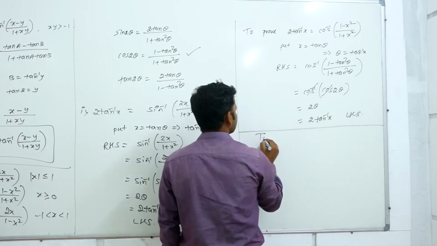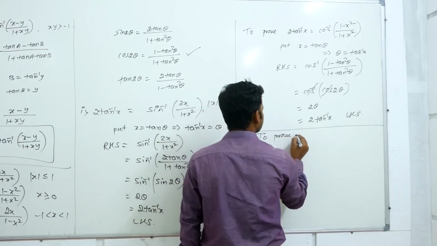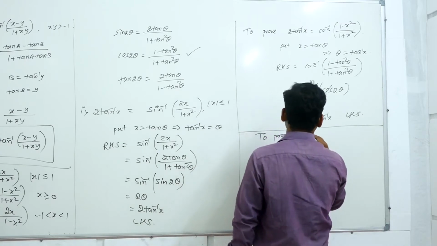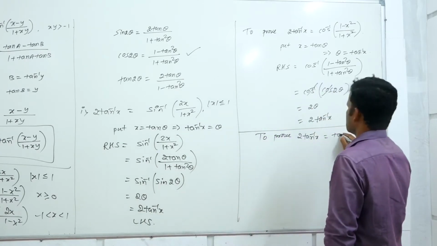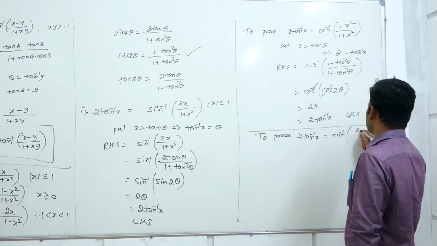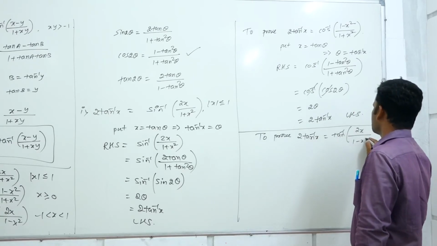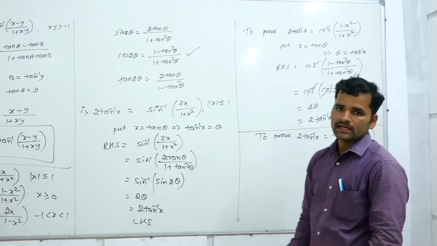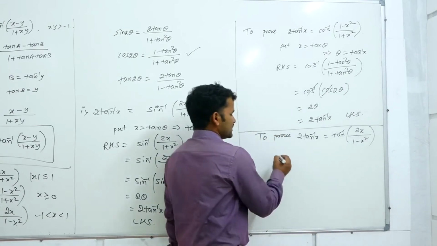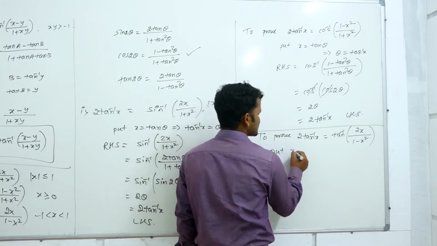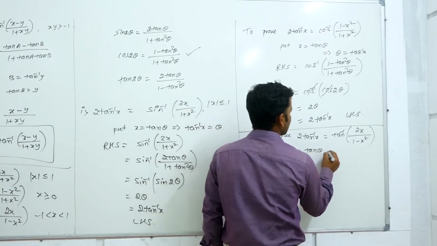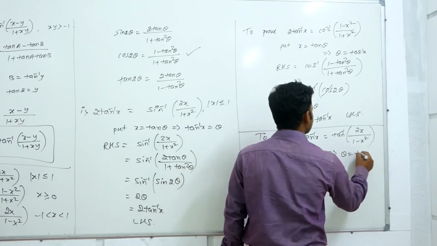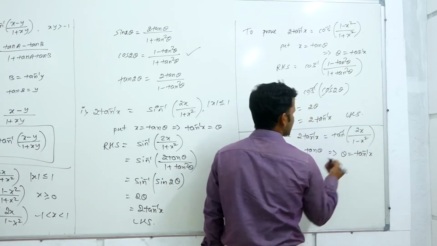Coming to the third one, to prove 2 times tan inverse of x is equal to tan inverse of 2x by 1 minus x square. Again, same thing, what you do? You substitute x is equal to tan theta here. This implies theta is equal to tan inverse of x.